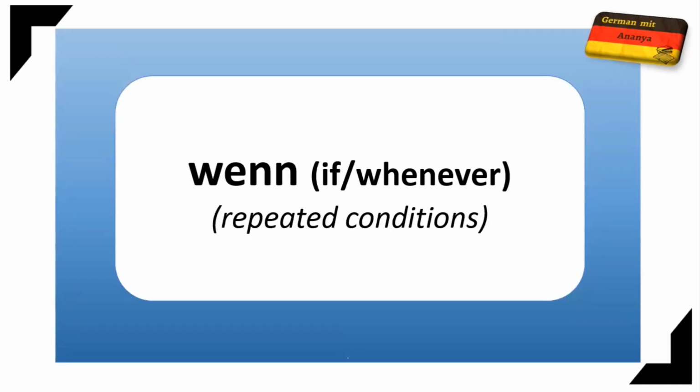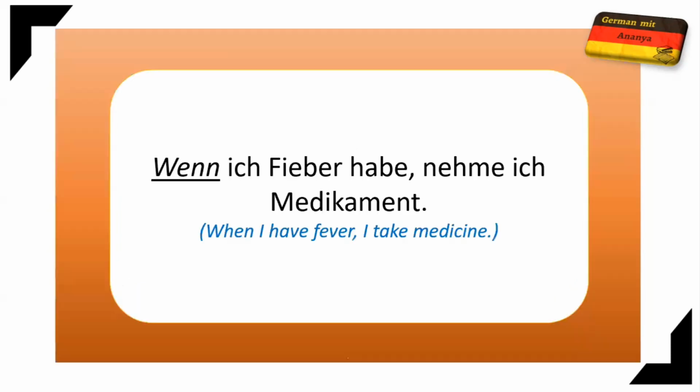Now, wenn. Again, the meaning is the same as als, when, but als we use when it happens only once and in the past, but wenn we can also use in present as well as for repeated conditions. For example, wenn ich Fieber habe, nehme ich Medikament. When I have fever, I take medicine.